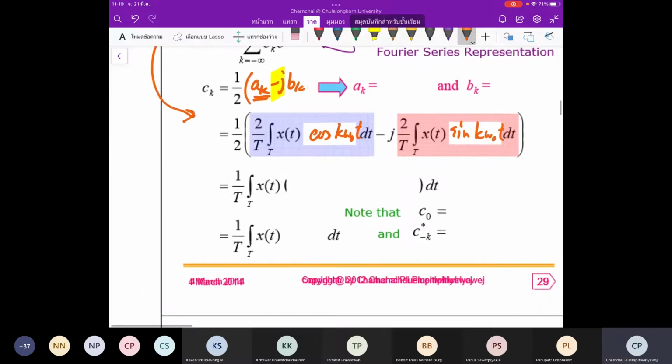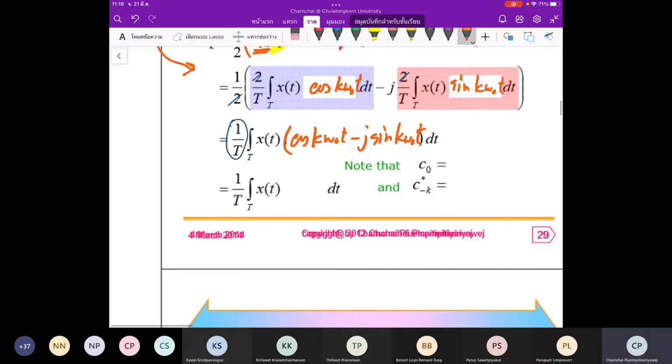Over here, I can take the one half in. The one half cancels with the 2, multiplied into the parentheses, so we factor out the 1 over T. Integral of x(t), and in the parentheses is cosine k omega naught t minus j sine k omega naught t.